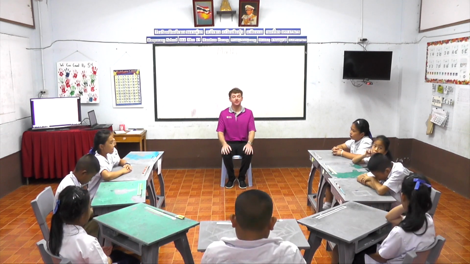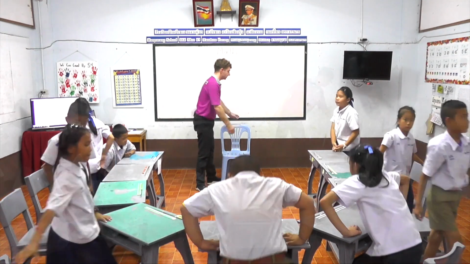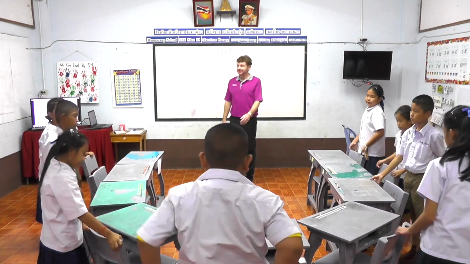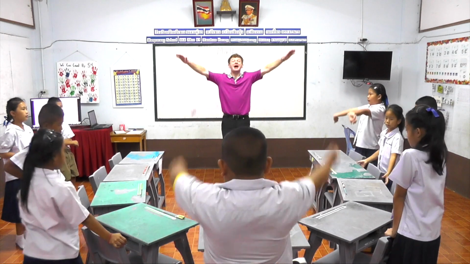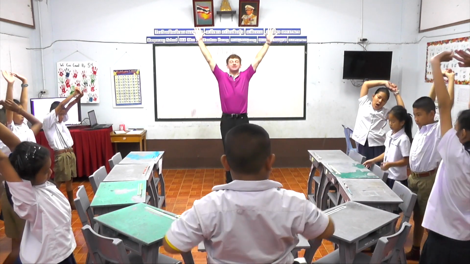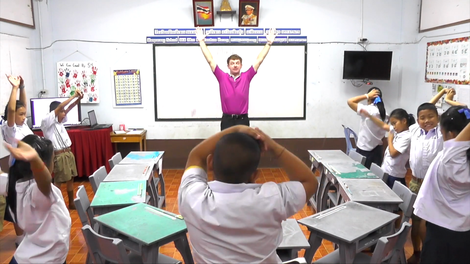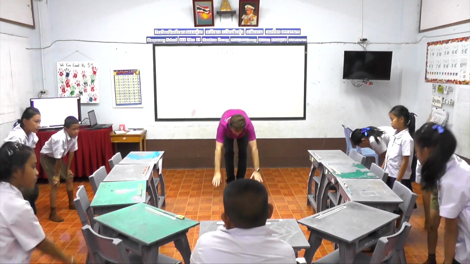Very good. And next we'll do our stretching sequence. So let's stand up and push in our chairs. And we'll begin by stretching up high to the sky. High as we can, big stretch. And then let's go down low. Touch our toes.